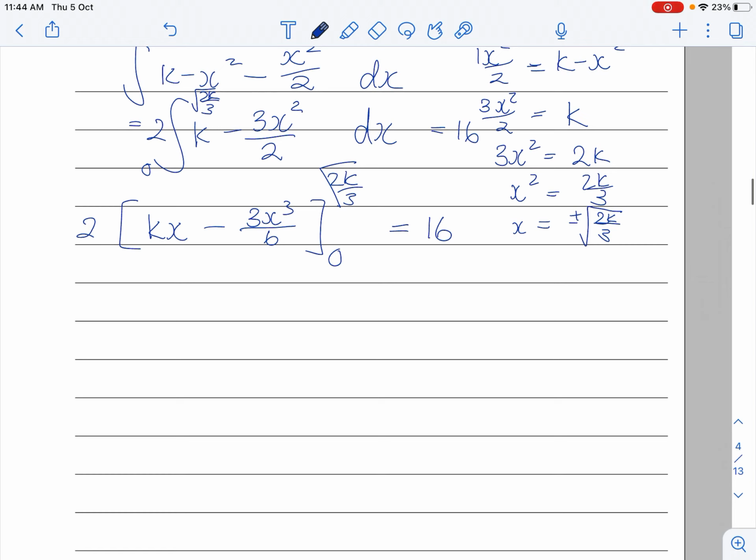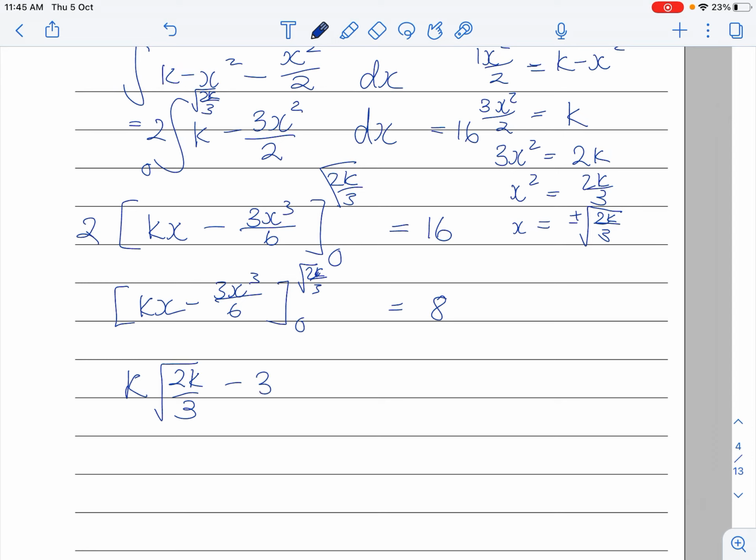So that means we can divide both sides by 2, so we know that the area between the two and 0 equals 8. Just dividing by 2. So now we substitute our x values in, and you can see why I chose 0, because if I put 0 into that, it just equals 0. So the key thing is putting the root 2k over 3 in.